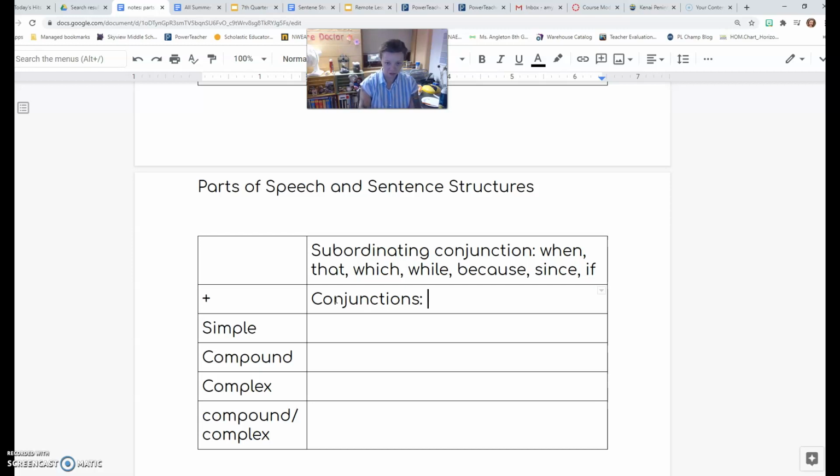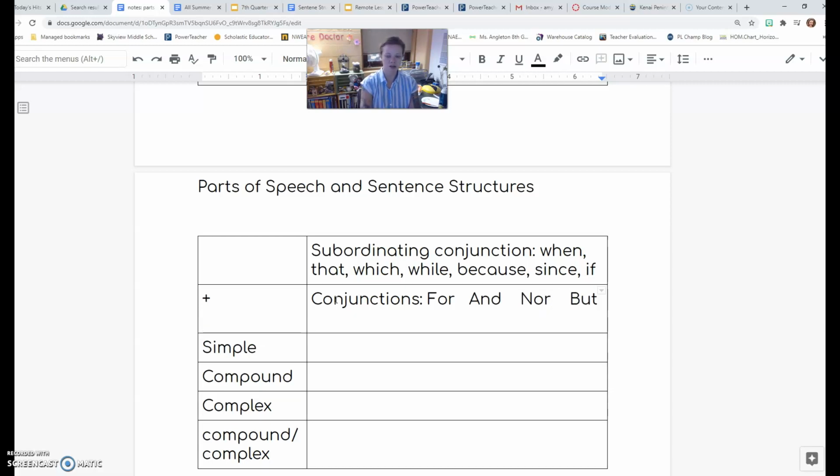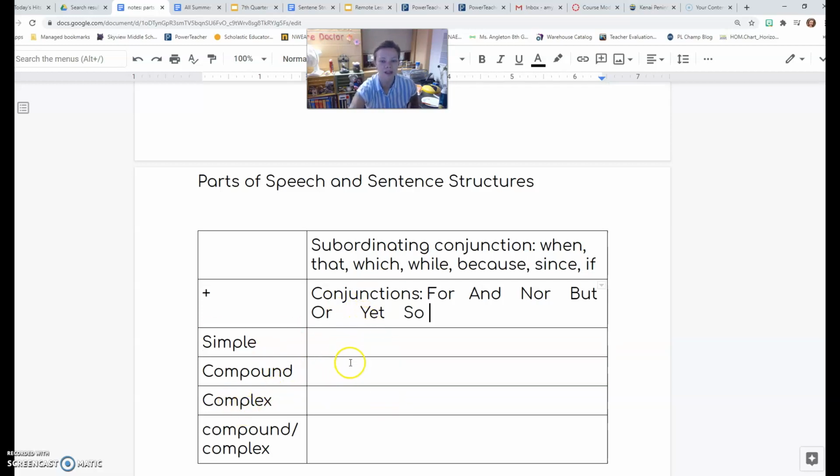So F, for; and; nor; but; or; yet; so. These are words that are conjunctions that are used to combine two complete thoughts together.